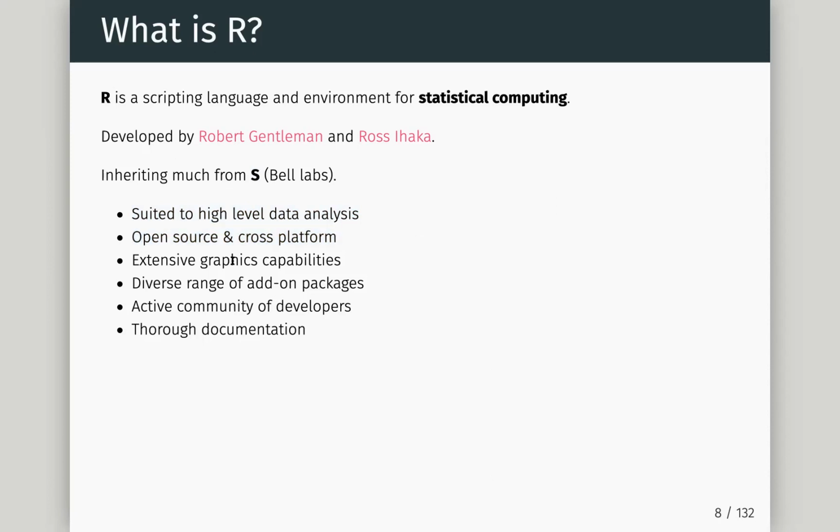It has great graphics capabilities built in right out of the box. And if you don't like the graphics capabilities you get there, it has an incredible set of add-on packages. And it's really these packages, what other people have written, that allow us to extend the base functionality of R, and that's what really makes this such a fantastic program or scripting language to learn.